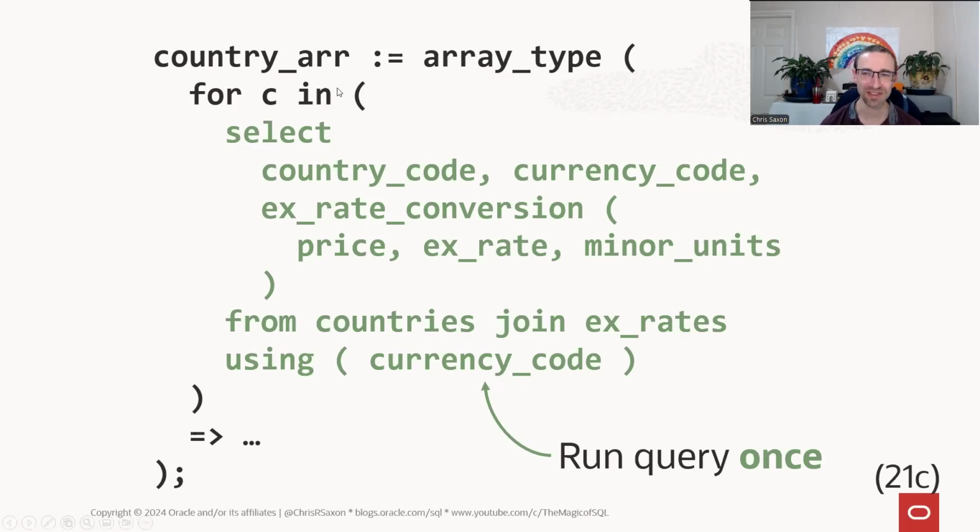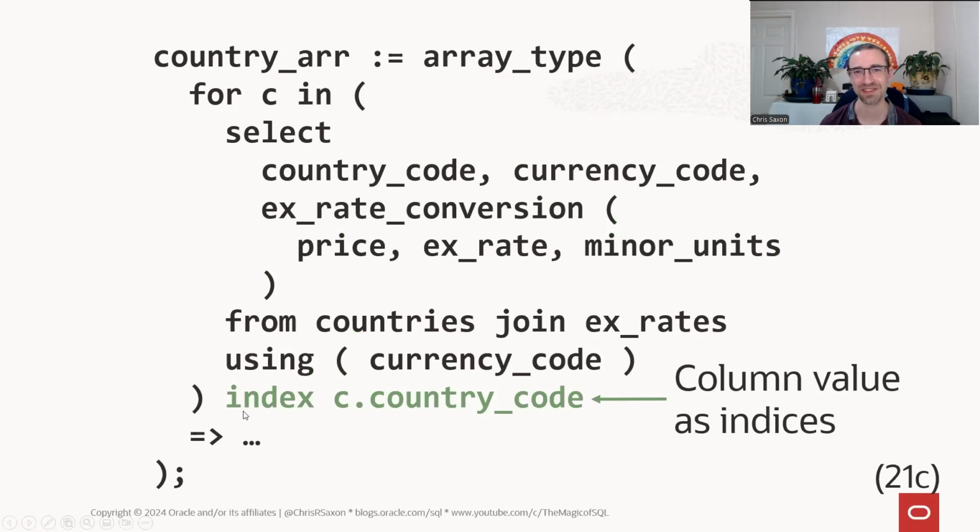We're getting all the values in one pass and potentially improving performance, but we still need to assign the country codes as the indexes for the array. The good news is we can use the index clause, right? We can actually use a column as the value for the indices. And this is something that just wasn't really possible in earlier versions of Oracle database. I mean, you could do it.